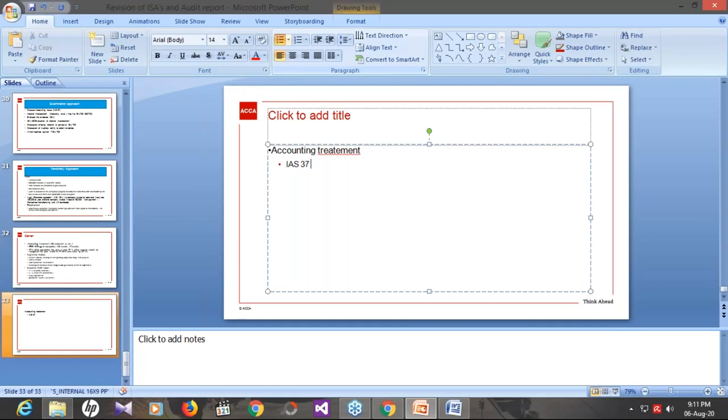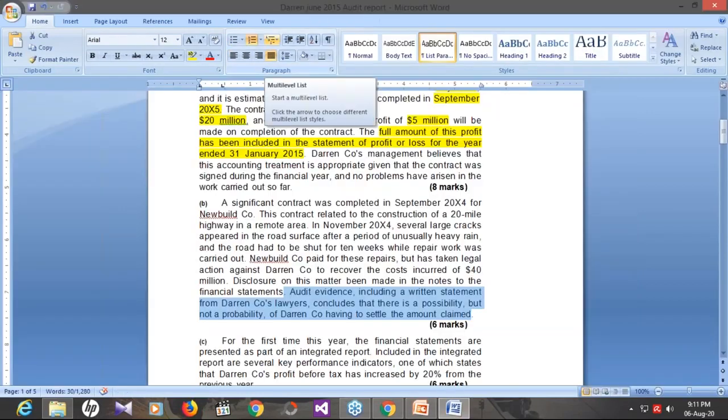According to IAS 37, the point that has been discussed here, the audit evidence, including a written statement from Darren Co's lawyer, concludes that there is a possibility but not a probability of Darren Co having to settle the amount claimed.